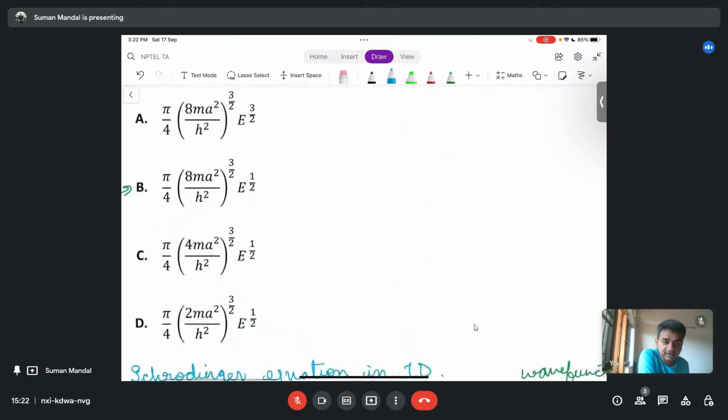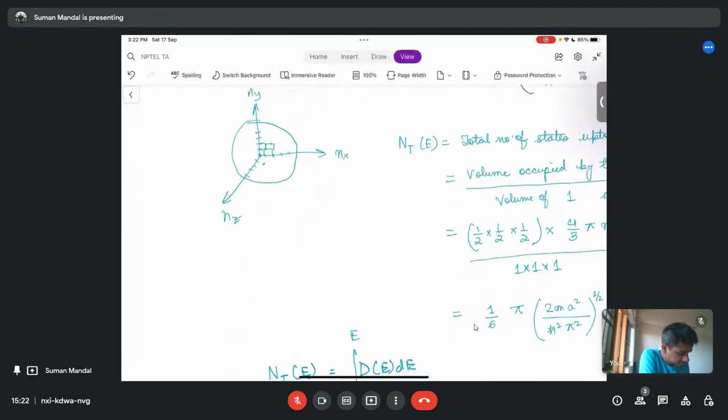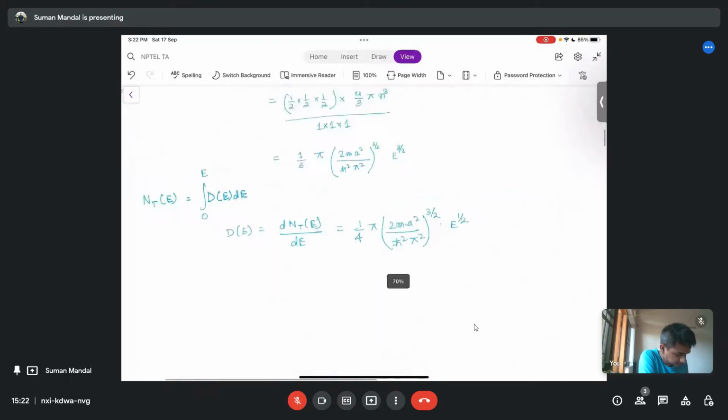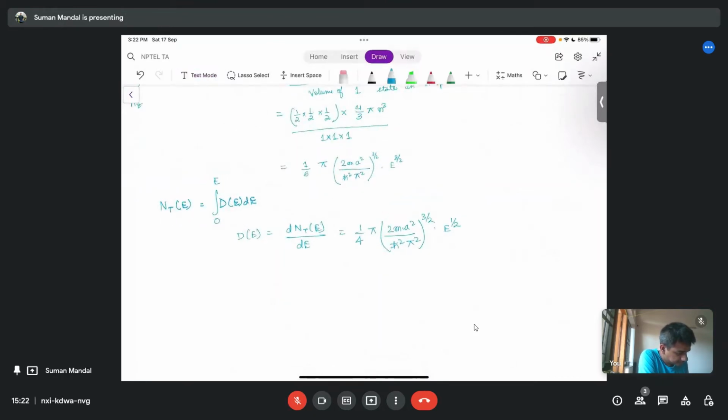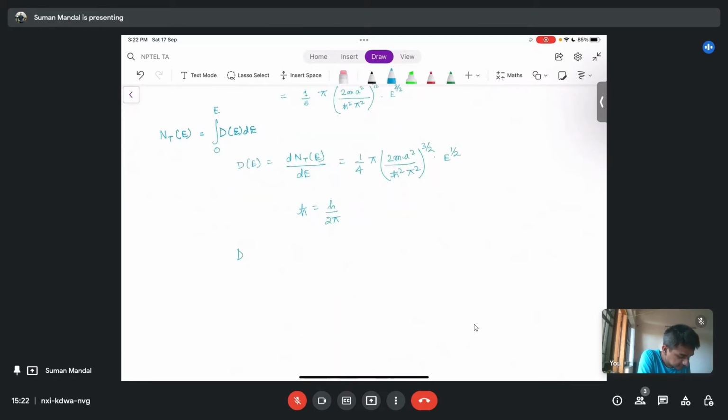Okay, so here it's in terms of Planck constant, so we have to convert h to h by 2 pi, and if we put it here, the density of states will be 1 by 4 pi square, 8 m a square by h square, E to the power 1 by 2.